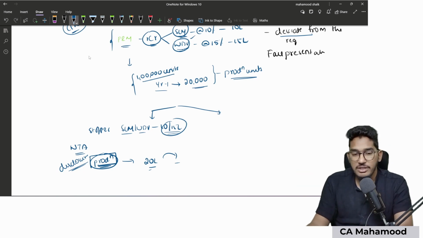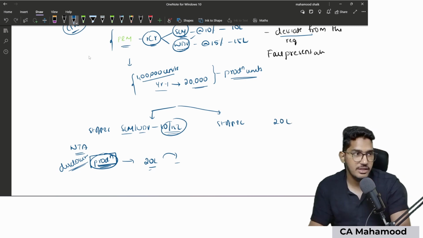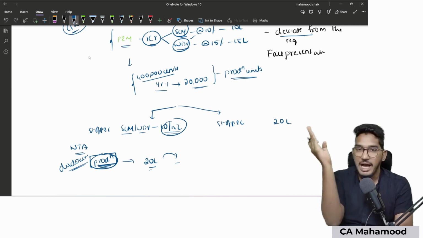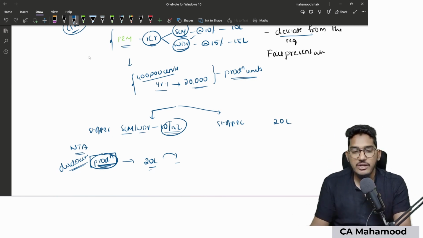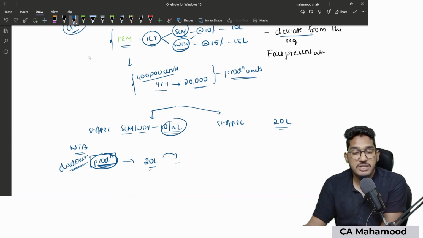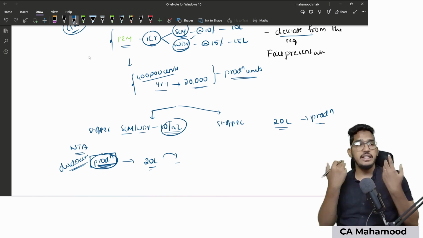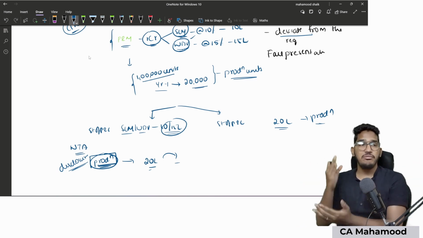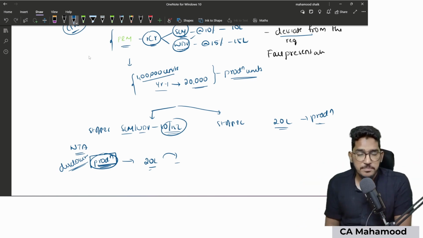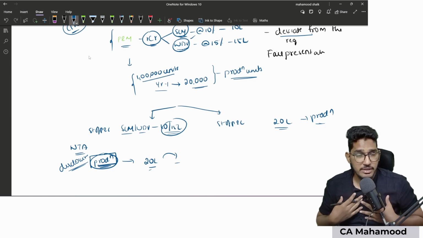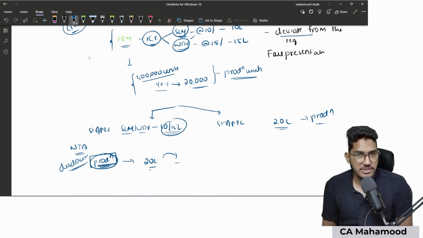If I deviate, what I will do is, in the statement of P&L itself, I will directly charge the depreciation of 20 lakhs. I will not follow SLM, I will not follow WDV. Directly on the face of the P&L, I will charge the depreciation as per the production units method only. Here if you observe, I have deviated from the requirements altogether. And why have I deviated from the requirements? To achieve fair presentation.